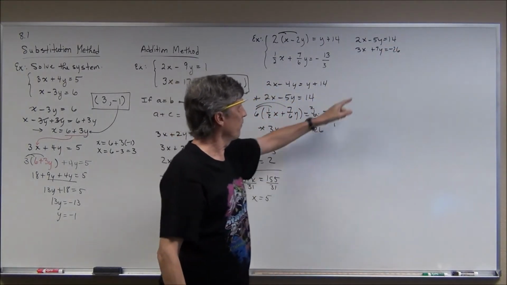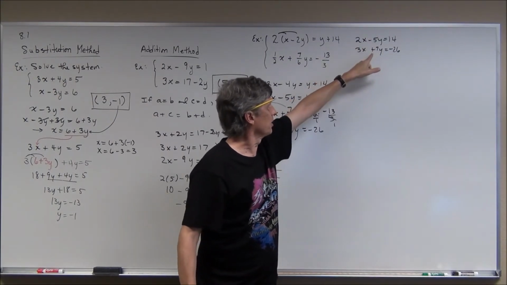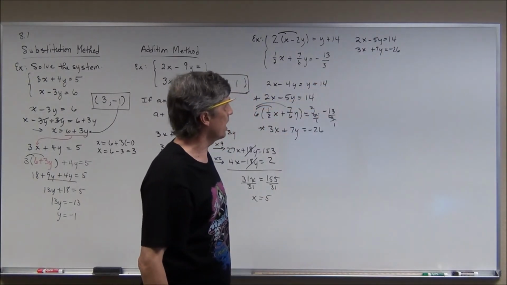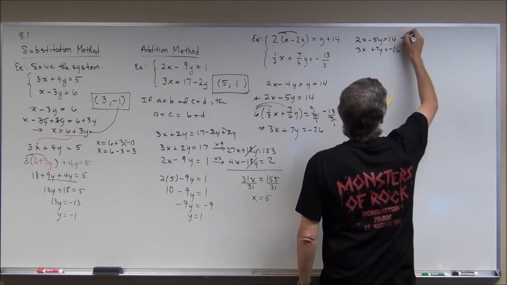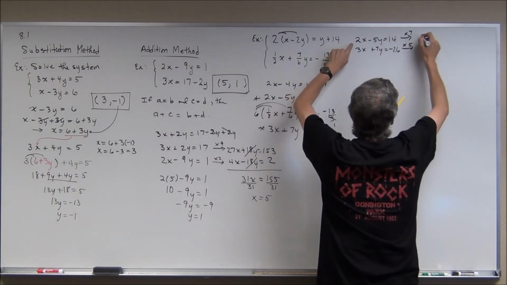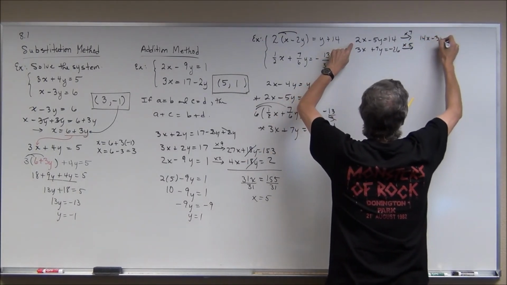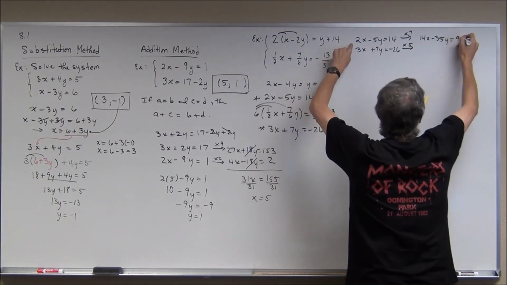Like the example before, I kind of like the y's because they have different signs here. I'm going to have to go for a least common multiple of 35, multiply this one by 7, and multiply this one by 5. So that's 14x minus 35y equals 98.